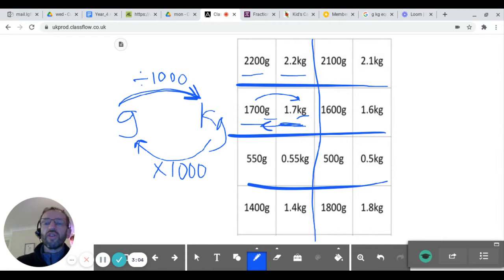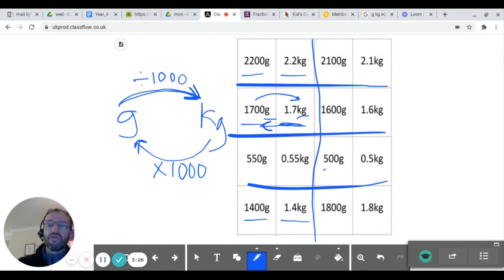Okay, and you can see some equivalents. So just pause the video and read these out to yourself. I've done the first two. The next one is 550 grams is equal to 0.55 kilograms. 1,400 grams is equal to 1.4 kilograms. So just look at the other ones.